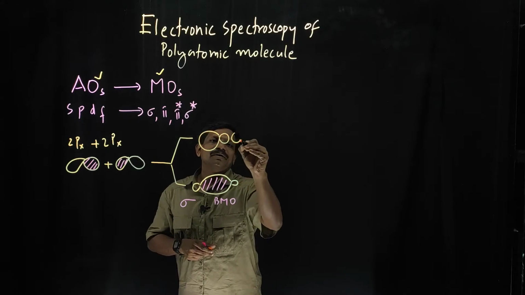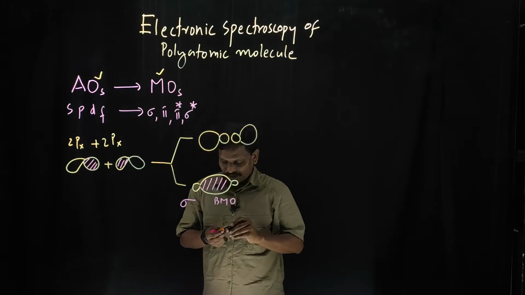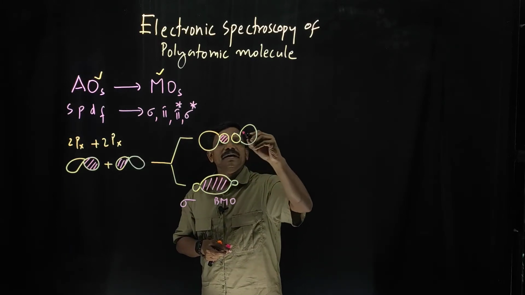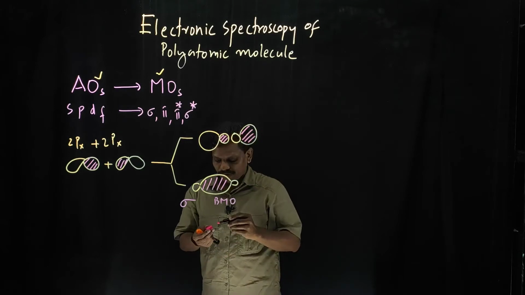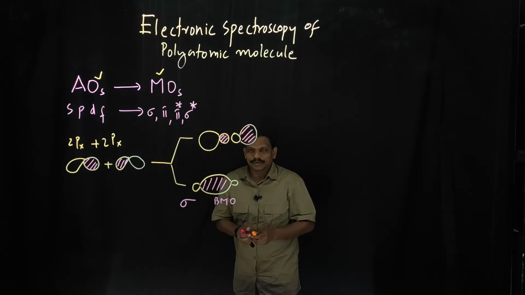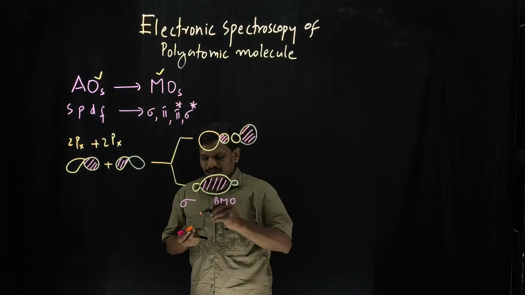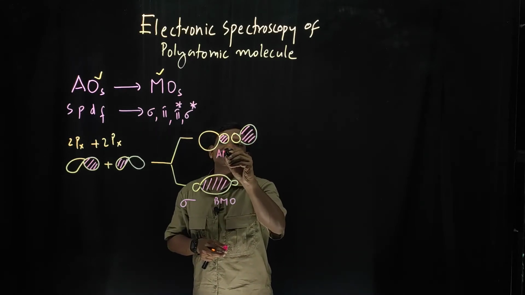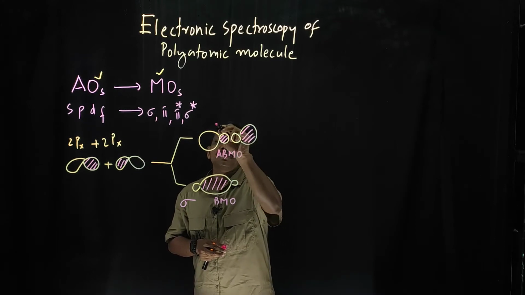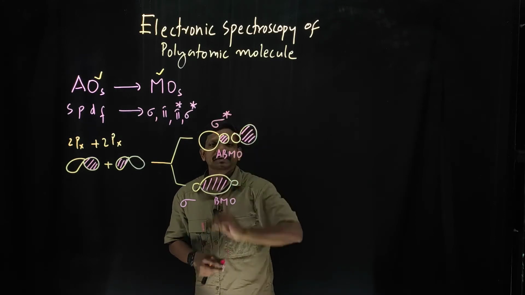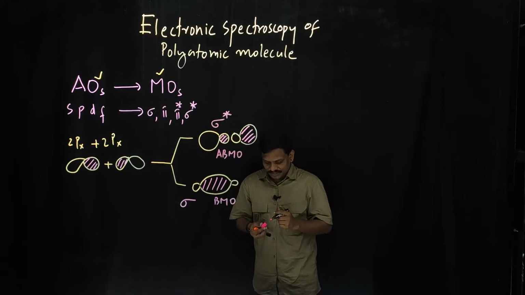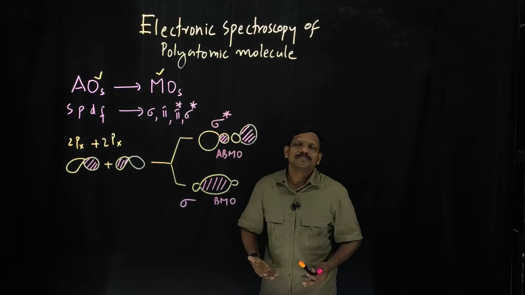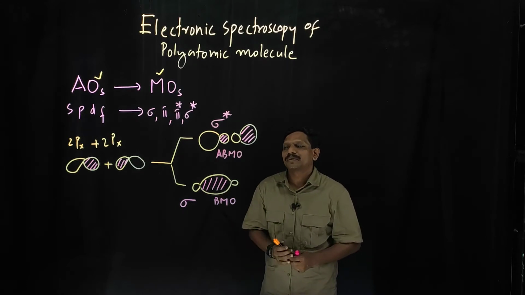It can be represented like this, and you can see the phase of the orbitals will become like this. This orbital is known as the ABMO, anti-bonding molecular orbital, which can be represented by sigma star. That is a very preliminary concept about bonding.